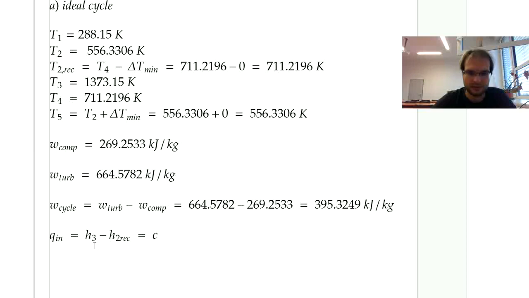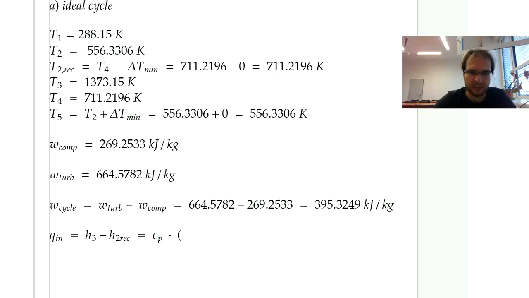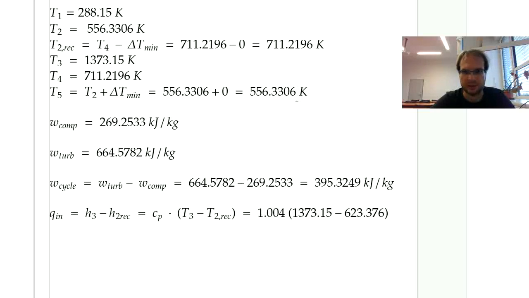So it will be the specific heat capacity times the difference in temperatures, temperature 3 minus temperature 2 recuperated, which is 1.004 times temperature 3 minus, now the temperature 2 recuperated is 711 kelvins.